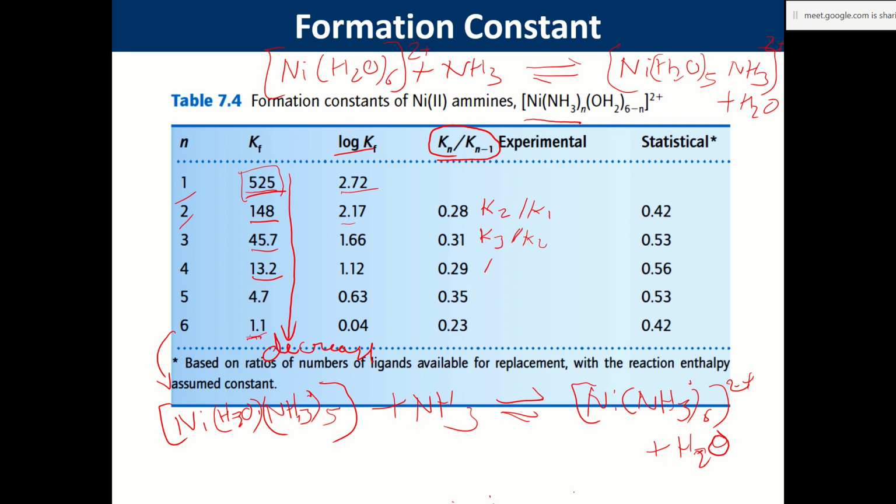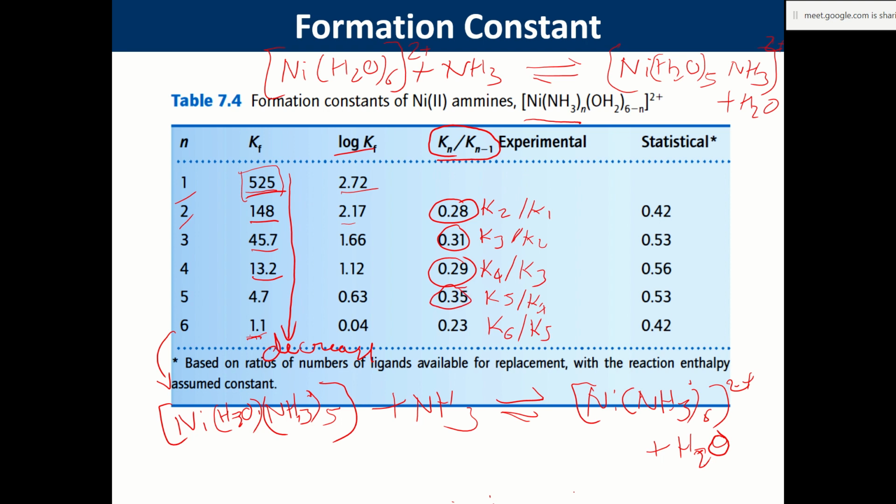Take the ratio of every successive formation constant, and you will see an interesting pattern here. A very interesting pattern you are seeing here: 0.28, 0.3, 0.29, so all the values are around 0.3.